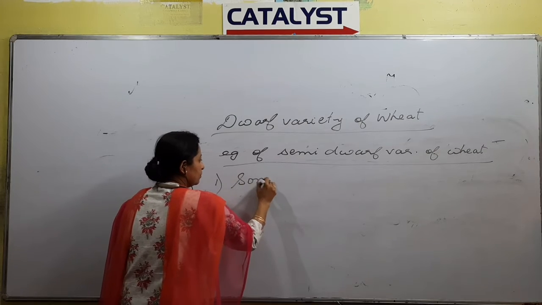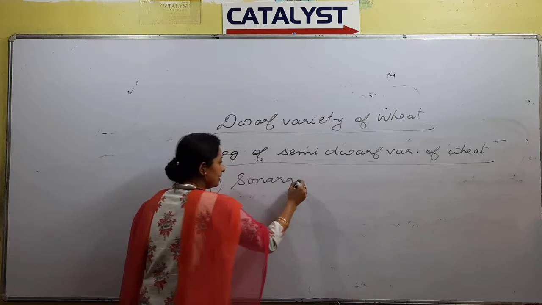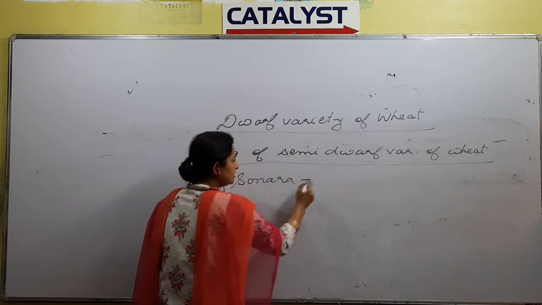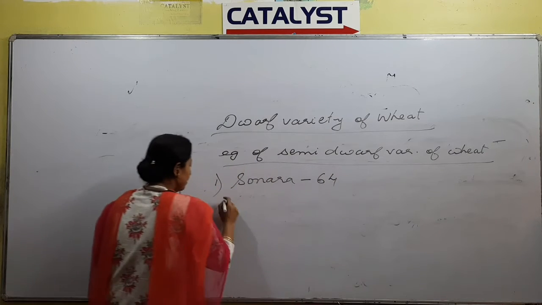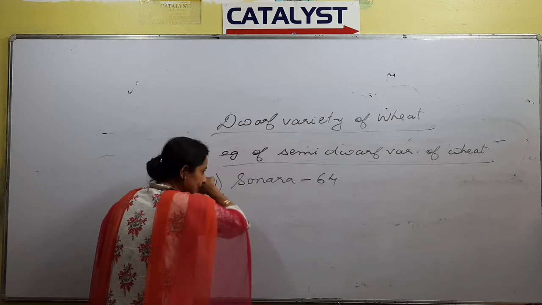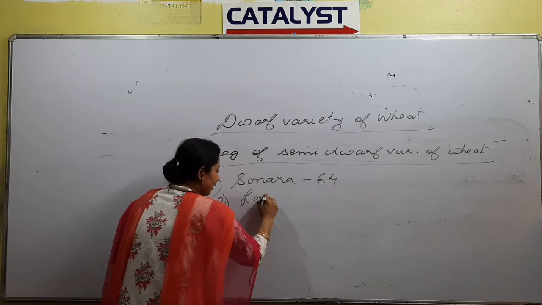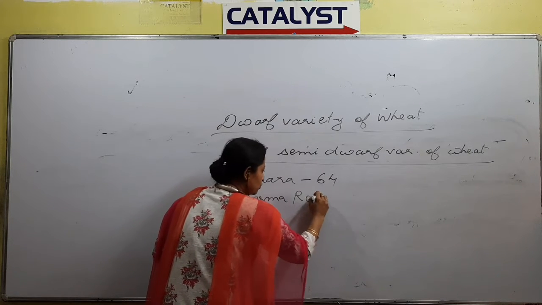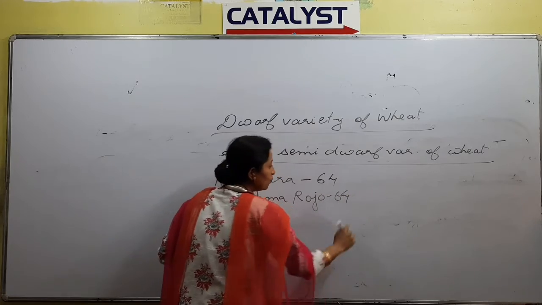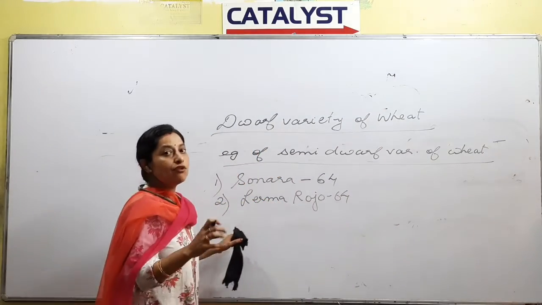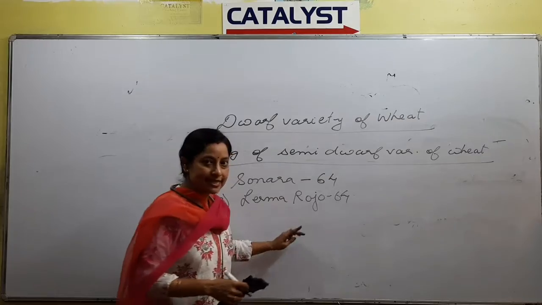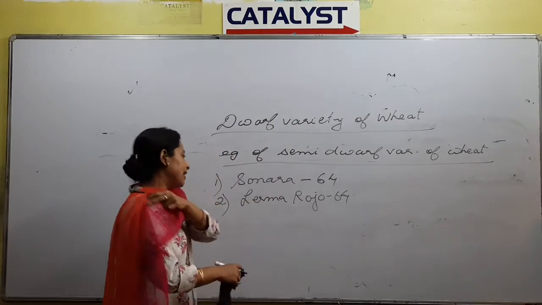We have a plant whose name is Sonara 64. Next we have something called Lerma Rojo 64. These are wheat varieties, right? Among semi-dwarf wheat varieties, these two are examples. We also need to know some more.